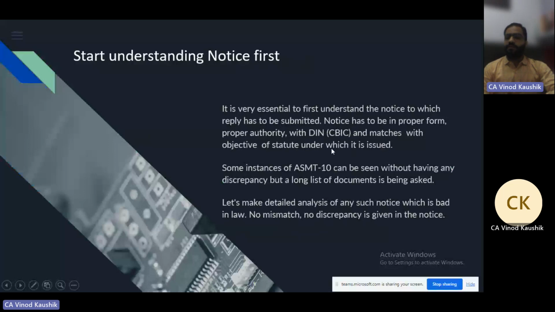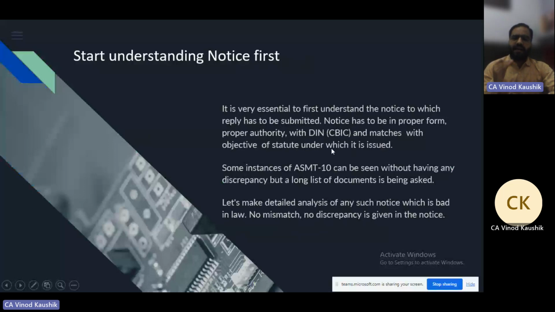Let me tell you the practical examples of this. Proper authority means, as per Circular number 3 issued by the CBIC, and accordingly the state governments also, there is a hierarchy of system wherein everyone cannot do every act.